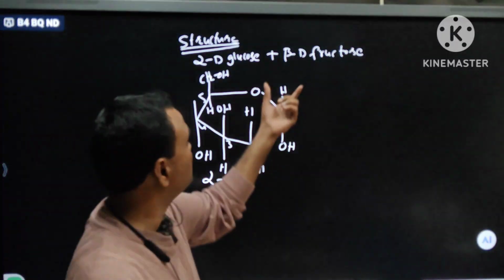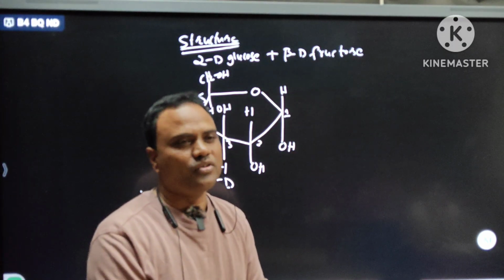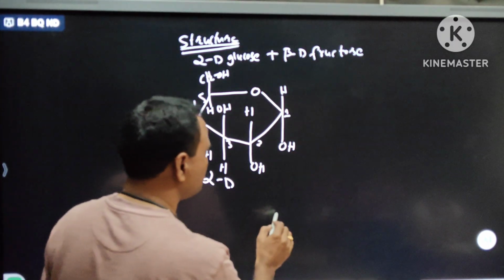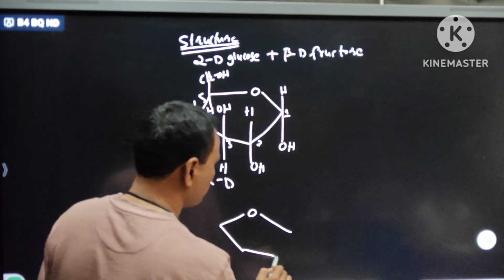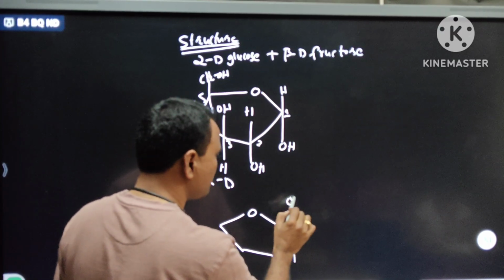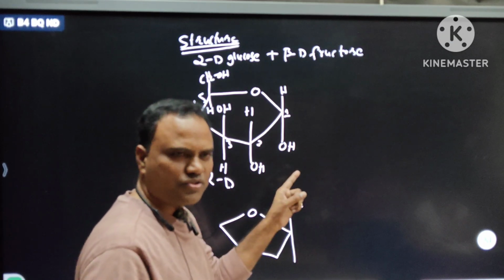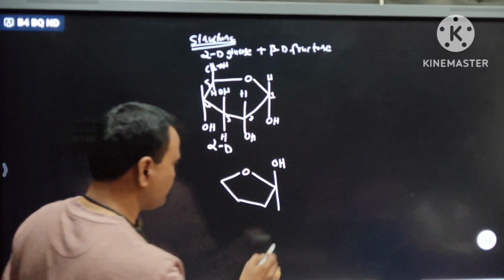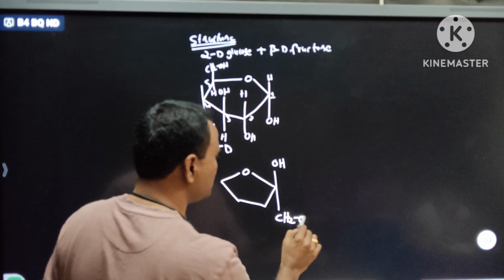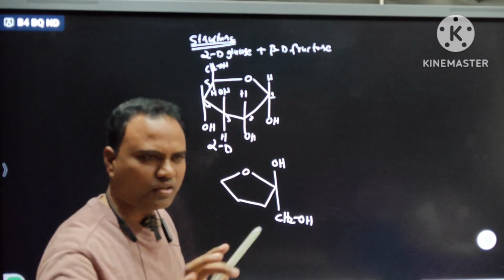Next, what is next? Beta D fructose. You tell me how to draw the fructose structure. Beta means which is top. Without questions on these structures, there will be no paper tomorrow. Definitely links will come.